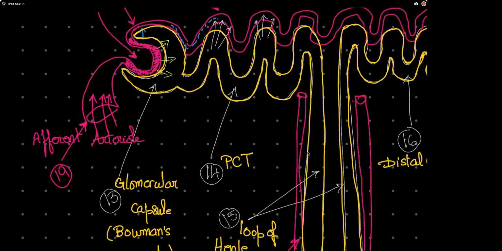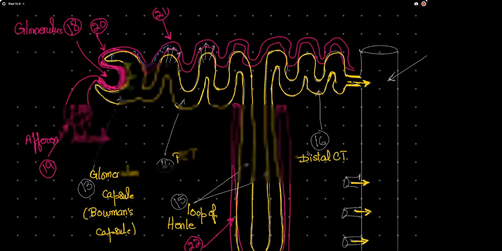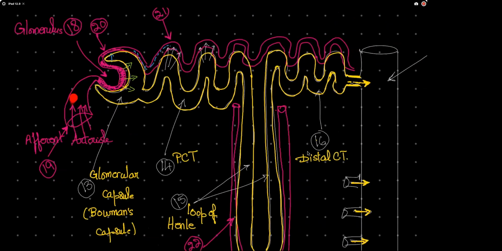How about the one that drains the blood out from my glomerulus? So the blood comes in and then out, or at least part of it gets out through a smaller diameter arteriole. What do we call this arteriole on here that drains the blood out from the glomerular capillaries?